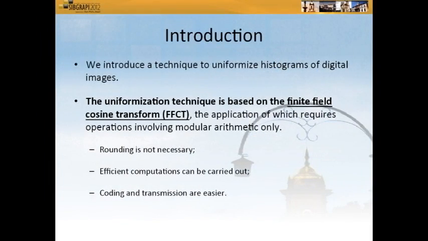That is, the scheme proposed here should be part of a complete image encryption scheme. So here we introduce a technique to uniformize histograms of digital images with such a purpose, to protect the image against statistical attacks. The uniformization technique proposed here is based on the finite field cosine transform.